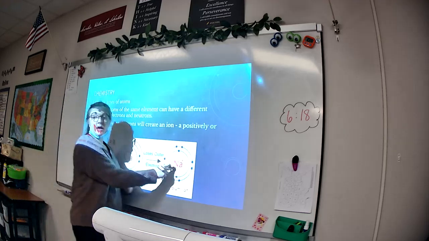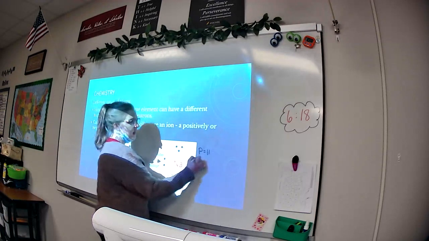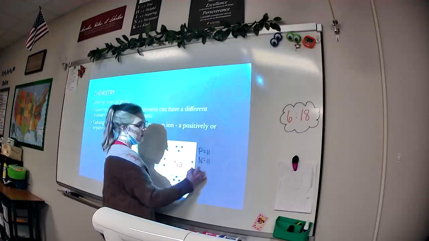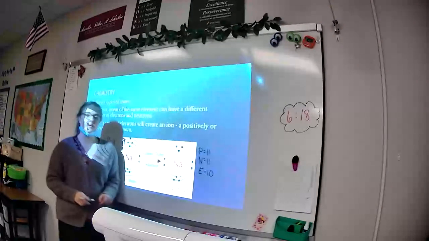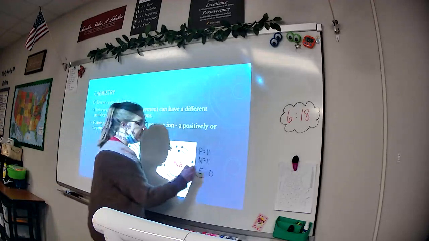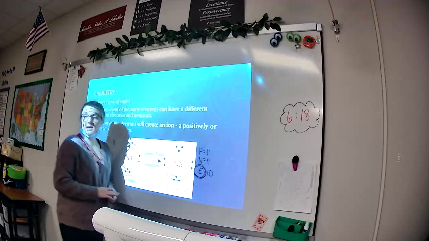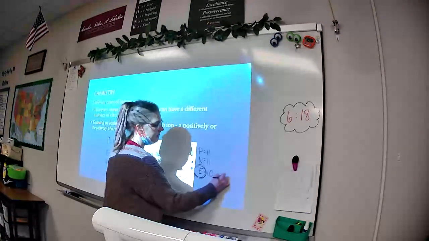Here, I have 11 protons still, because it's still sodium. I have 11 neutrons still, but my electrons are a different number. Let's say they're 10. If the number of electrons is different, you have an ion.